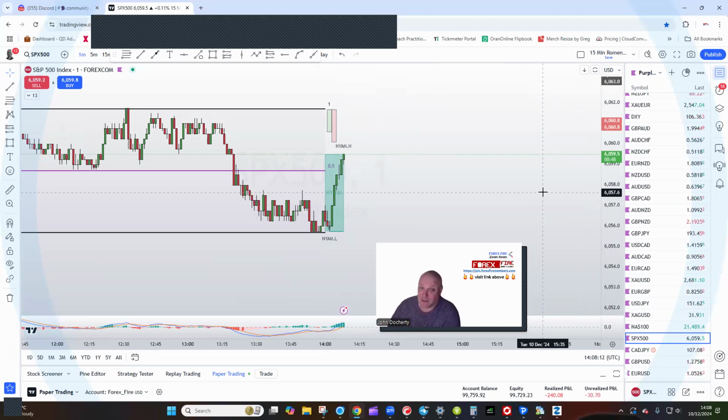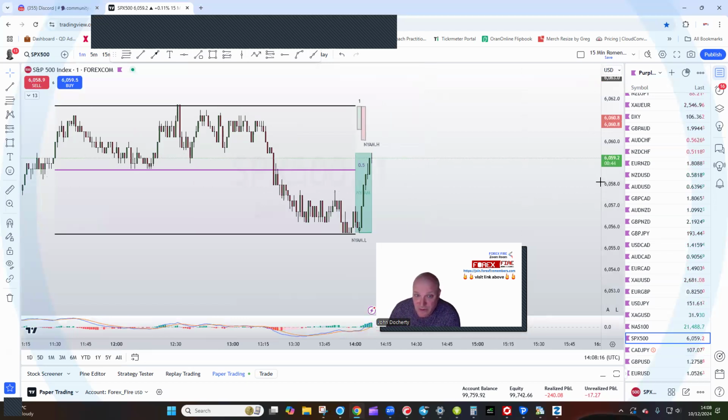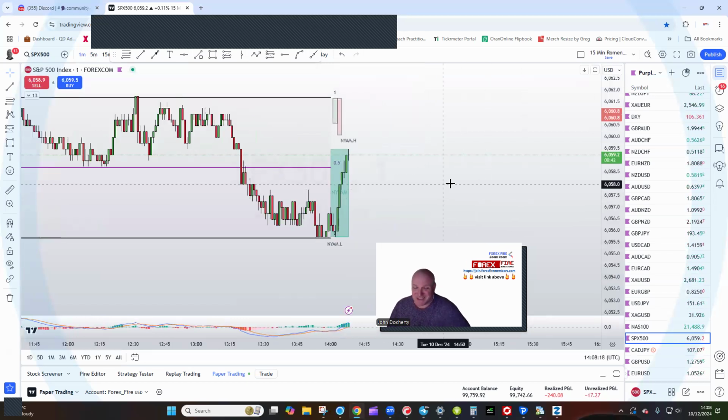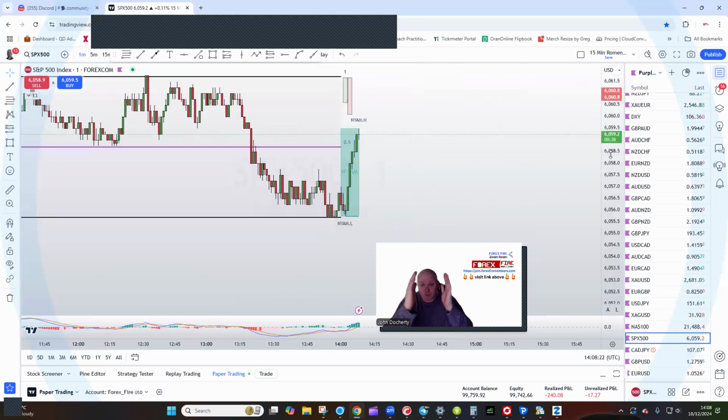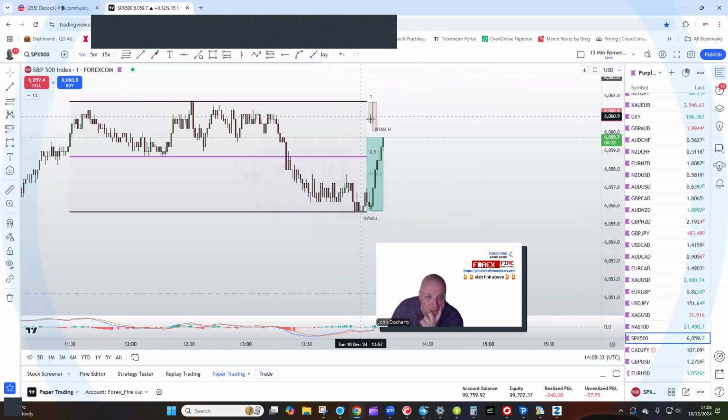However, the entry model is my own that I came out with. So again, I keep mentioning ICT, the concept, the model, and where I'm going down from anchor to condition to trigger, 15, 5, and 1 is totally different to what he's doing.